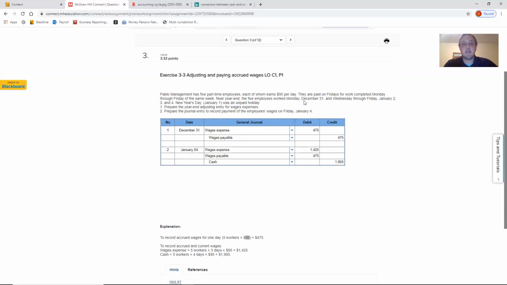And then when we actually pay it out, that's when cash is decreasing because we're paying this out to the employees. So we're going to credit our cash. We have to recognize the 4 days between Tuesday and Friday when we're actually making the payment. So 4 times 95 times 5 gets you to the 425.